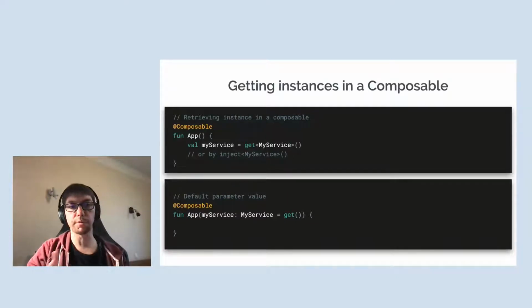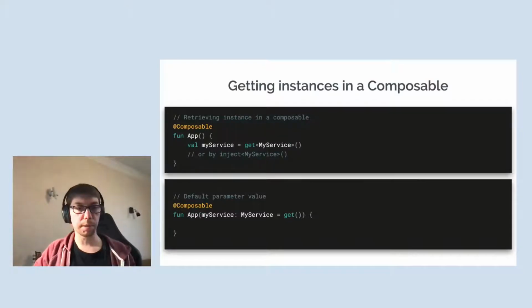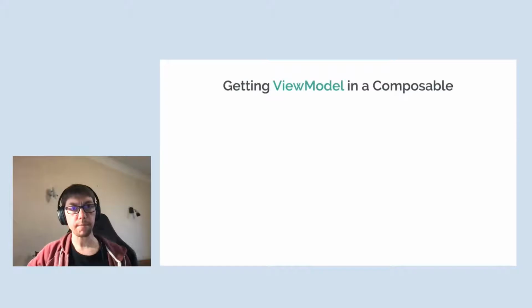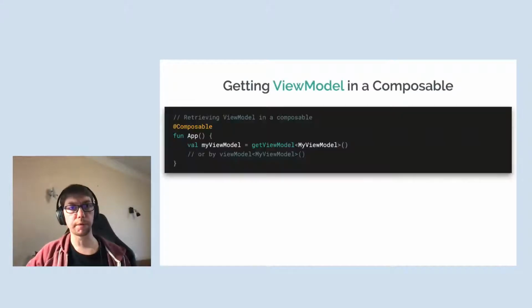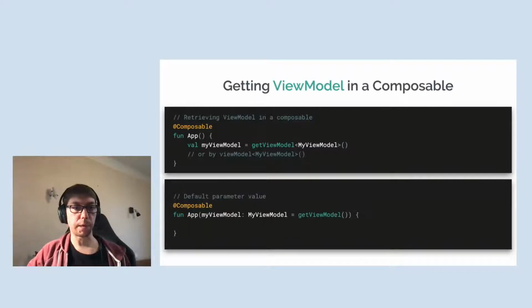It's just a default value. By default, you will use Koin in your composable function, but it opens the road for you to inject another value in test. The same way, we are proposing a view model instance with getViewModel and the by viewModel expression, the classical way to describe the thing. And in the same approach, you can also specify a default parameter value inside a composable function.